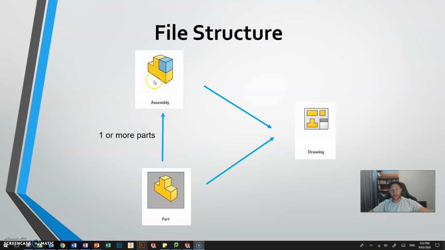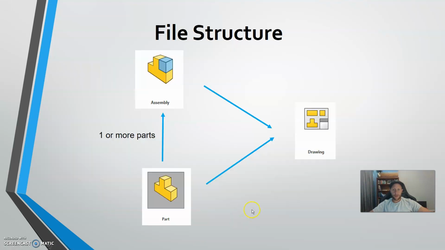So an assembly is essentially like a whole product or a sub-assembly where you put together your parts. And then finally, the third type of file we can use in SolidWorks is a drawing. So this is like a technical drawing in 2 dimensions, and you can create a drawing of an assembly or a part file. So you must create these 2 first, or one of each, before you can create a drawing.